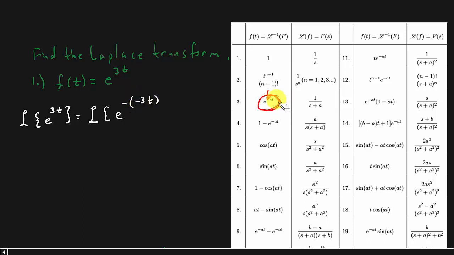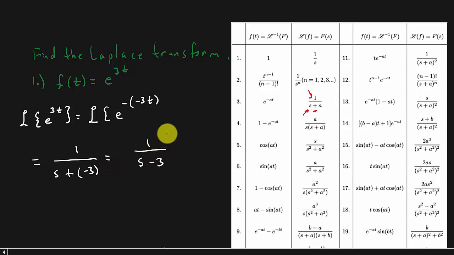See, a is the number in front of t. So now this is equal to 1 over s plus, see, I've got 1 over s plus a. And what is a? a is negative 3. And so this is going to give me 1 over s minus 3. And there's your Laplace transform.